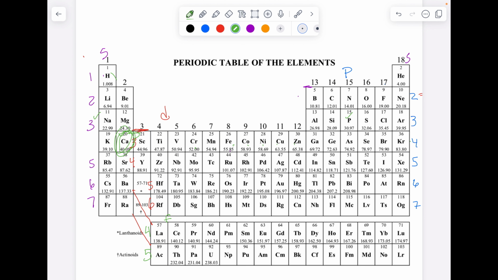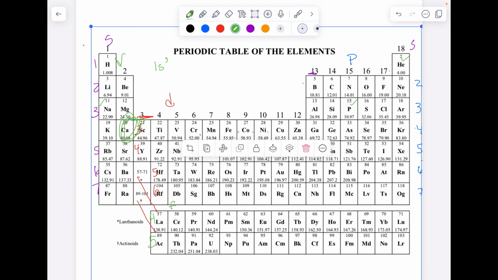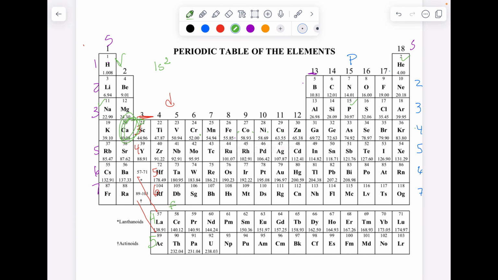And so I start with my s block, and I have 2, so 1s2. And then I have my 2s block, 2s2. And then I hit my p block, which is 2p, and then I have 6.